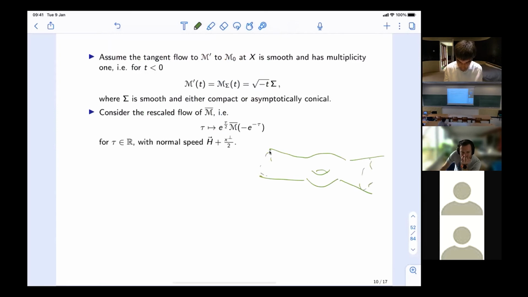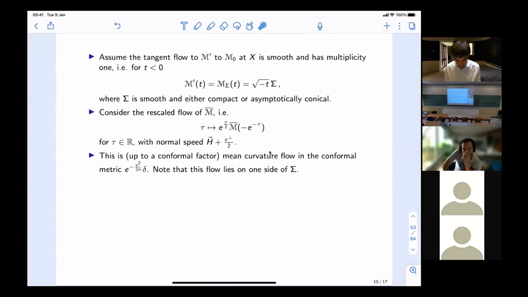Now this is stationary, and this outside flow will be something which just lives out here, or inside, just on one side. Yeah, but also with a very thin neck. Okay, that's this flow now in this rescaled setting. So this guy is fixed now; it's not moving, and we have only this guy moving here. But it's not anymore mean curvature flow, but it's mean curvature flow with this forcing term.